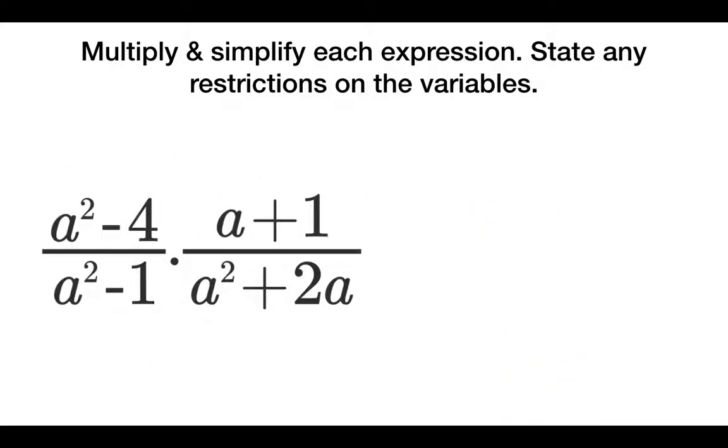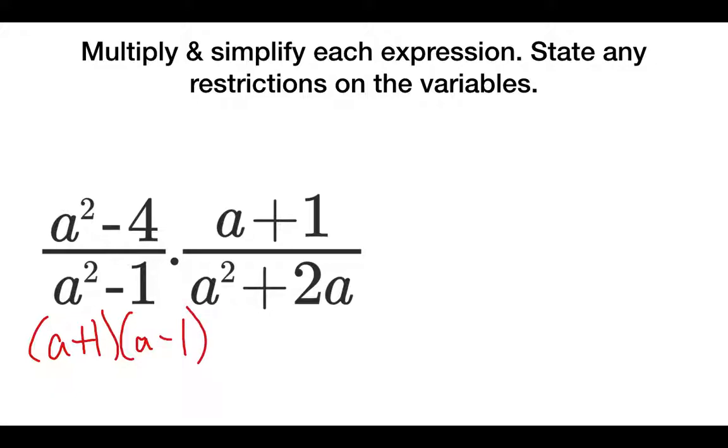All right, now let's talk about this one. So first thing we're going to do is factor out everything we can. I'm going to start on the bottom so I can get our restrictions. A squared minus 1 is the difference of squares, a plus 1 times a minus 1.